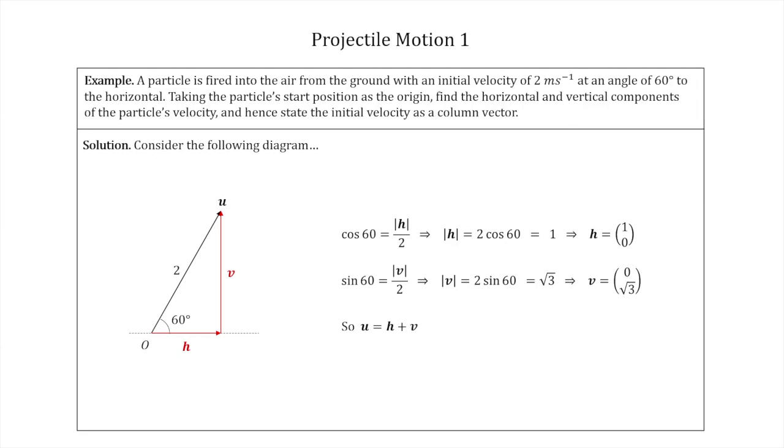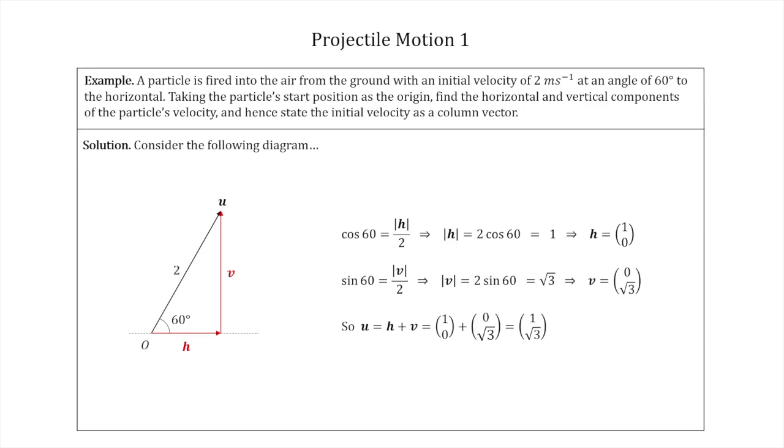So we know that u equals h plus v, and h and v are the vectors (1, 0) and (0, root 3). So u is just (1, root 3). So in finding the components of h and v, we actually straight away found the horizontal and vertical components of u. They're 1 and root 3, so we know the exact vector u now.